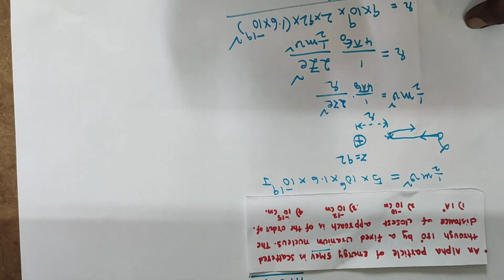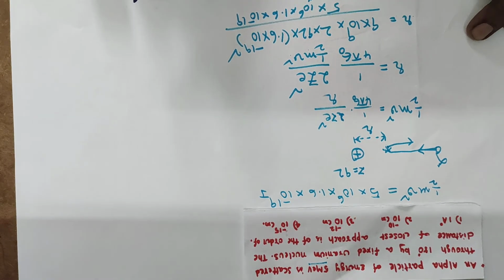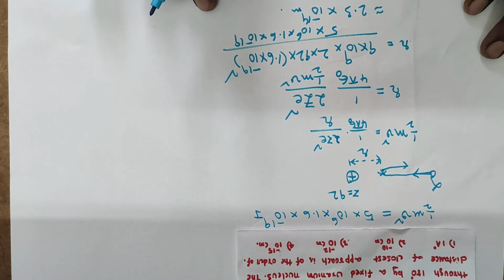This half mv square value is 5 into 10 power 6 into 1.6 into 10 power minus 19. This value is roughly 2.3 into 10 power minus 14 meters. So this is the result.